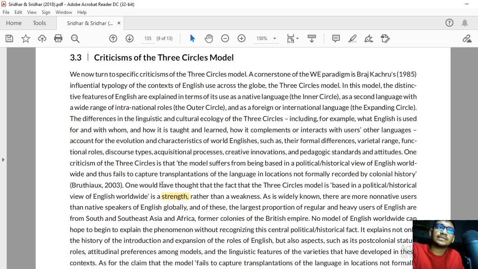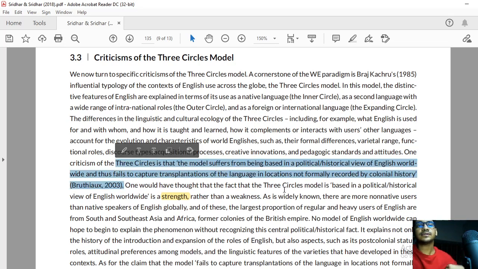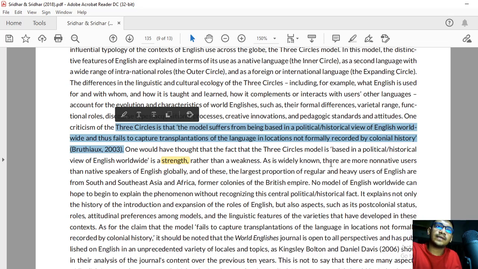Okay, so this is their rebuttal, their response to this criticism, that some people feel that political and historical views do not actually explain how English has spread to areas where there was no colonial past.